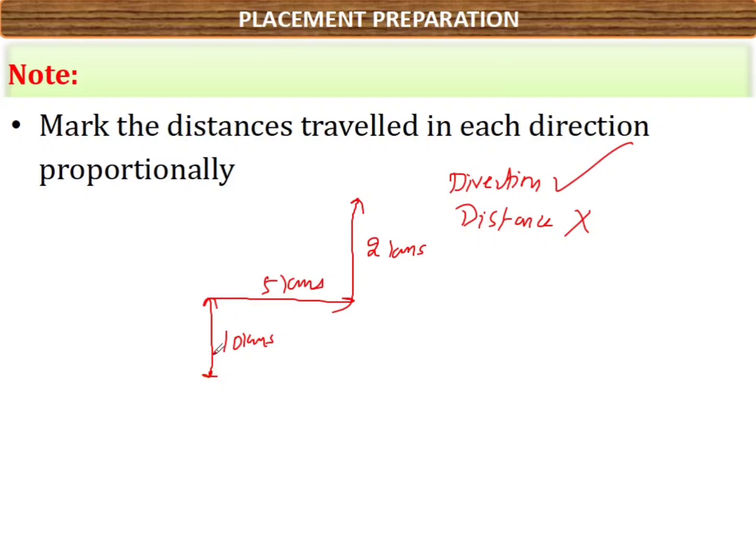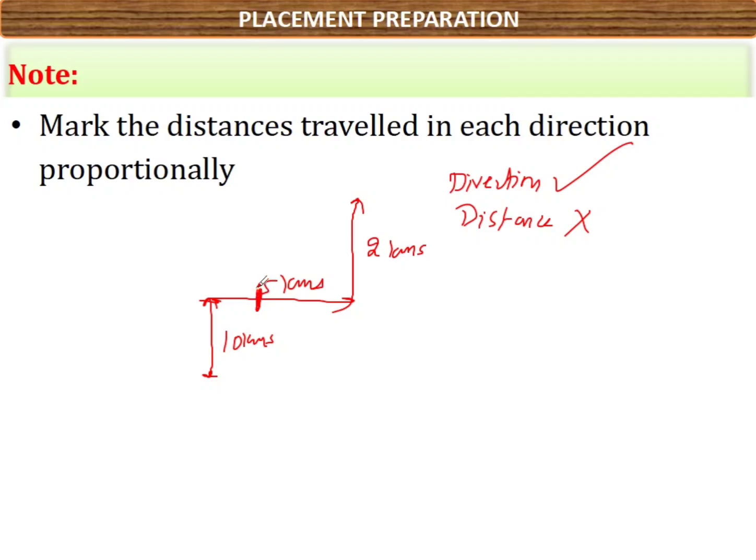When I take this much as 10 kilometers, minimum common sense says 5 kilometers should be less than that. I know you cannot take a scale, pencil and geometry box to the exam and measure, but still it is minimum common sense that if 10 kilometers is this much, 5 kilometers should be less than that, approximately half of that.